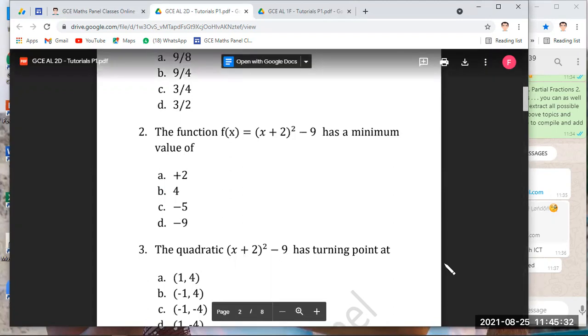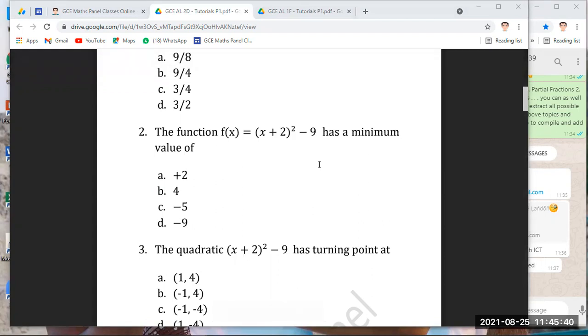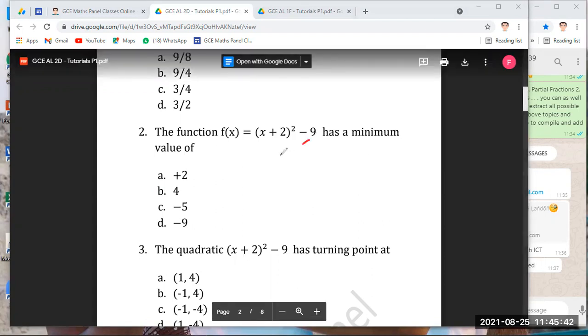So this value here is the minimum value of this function. This -9 is the minimum value of this function. So the minimum value is -9 when the function is in this form.